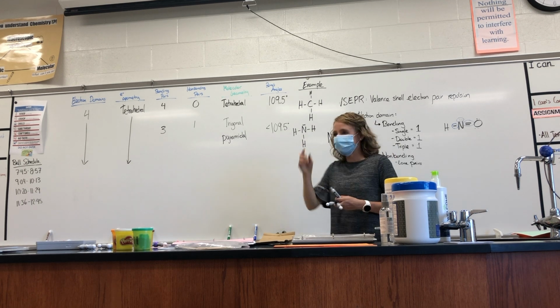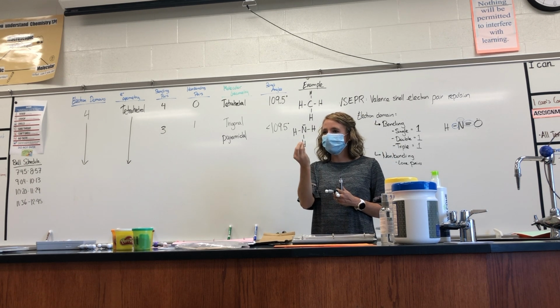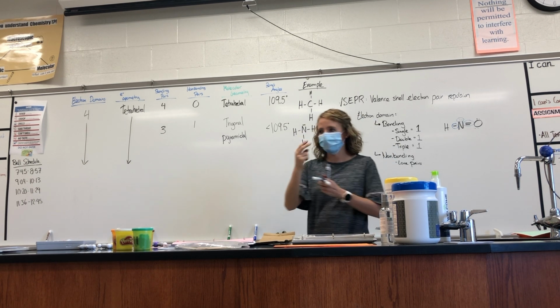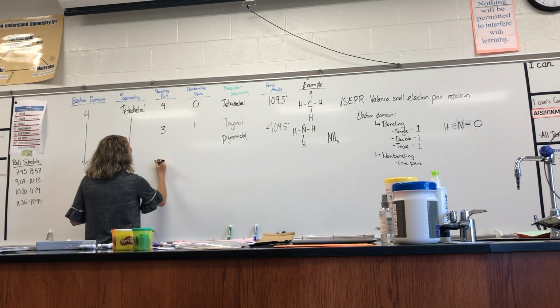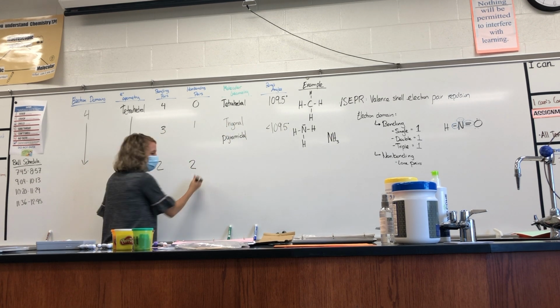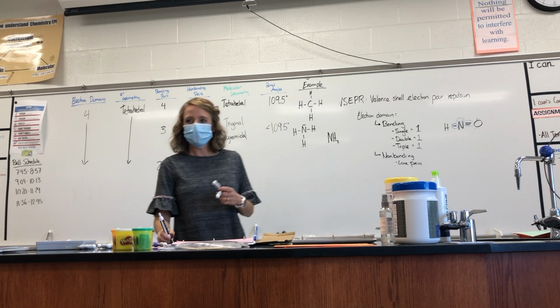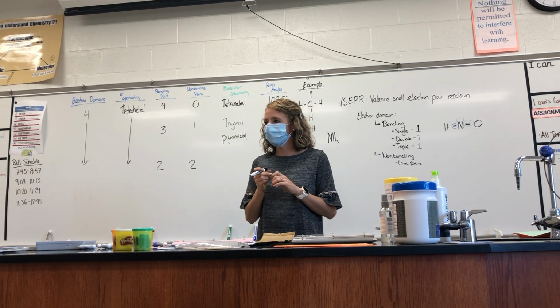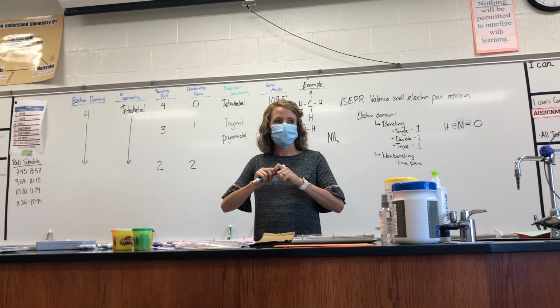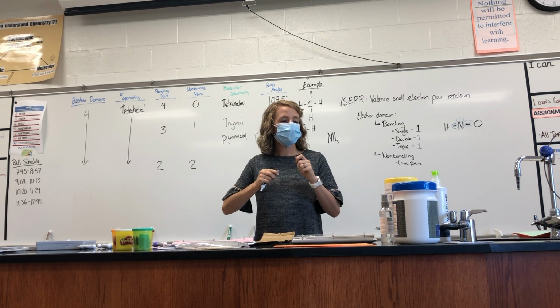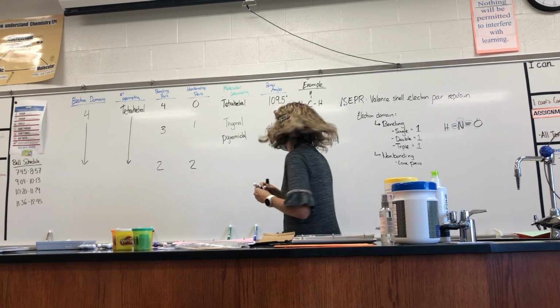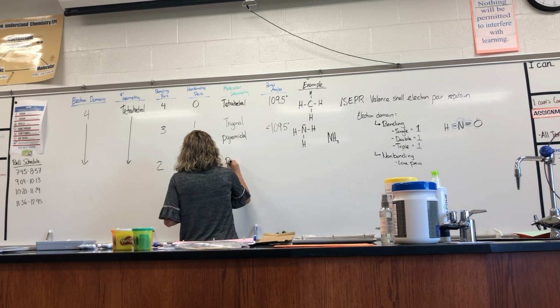Okay, take your tetrahedral friend again. Now we're going to have 2 ghosts on him. Any guesses of the name? Bigonal pyramidal. What did you say, Kimberly? Linear bend. It's another bend.